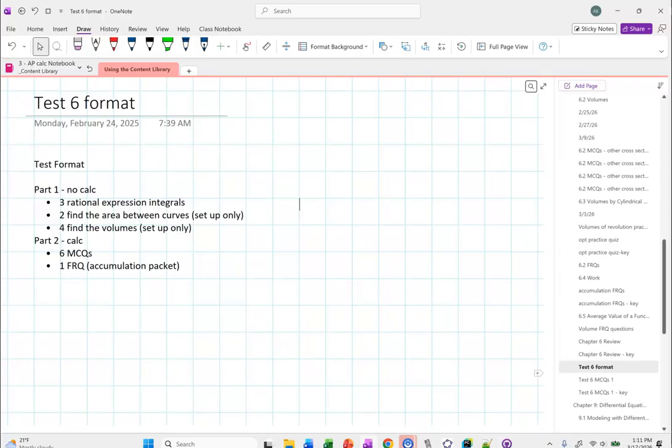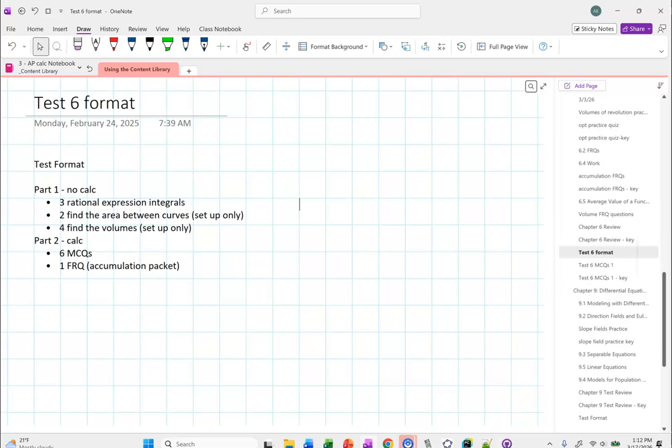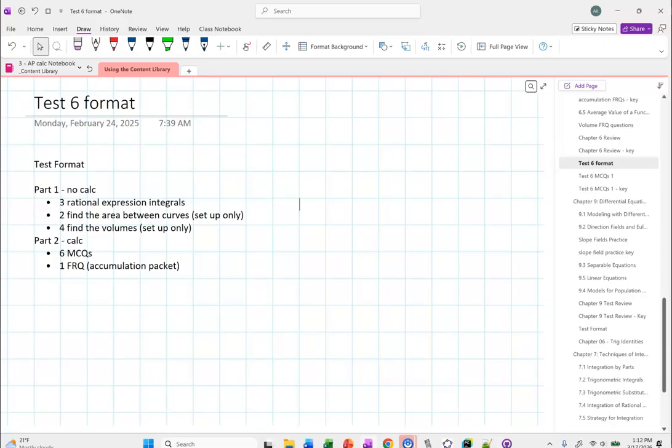So after test 6, we're going to look at differential equations. And then after that, it's going to be some leftover calculus topics that aren't necessarily AB calculus topics, but I think are important.